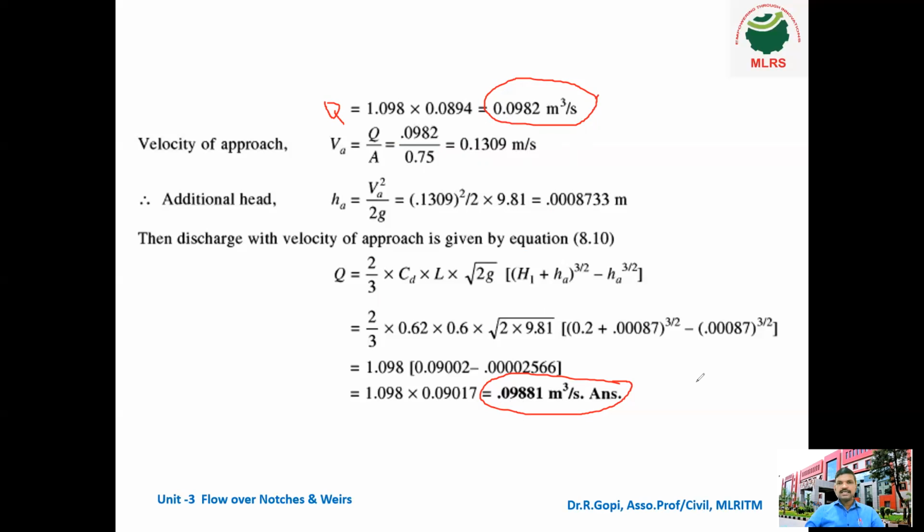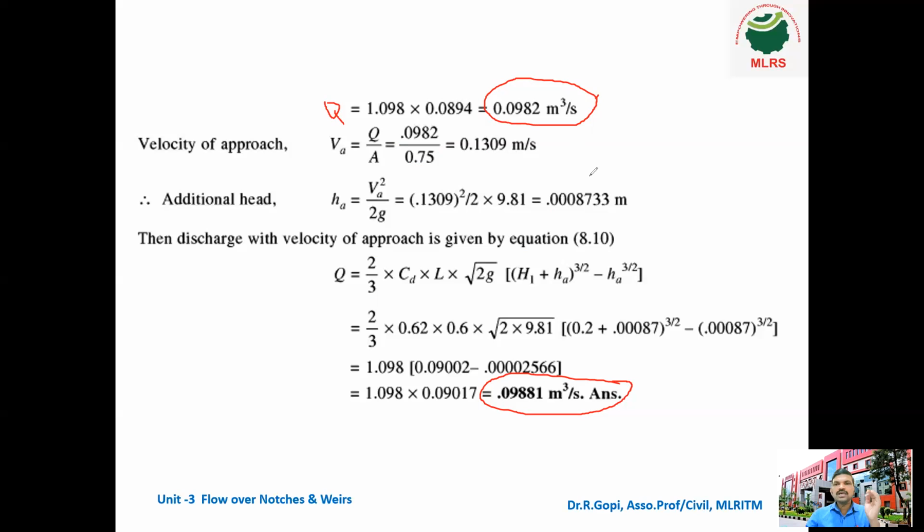Because we are considering the velocity of approach. It increases only very slightly. The discharge will increase while considering the velocity of approach. So while doing a problem, you can cross check: it should increase only slightly, not much more.